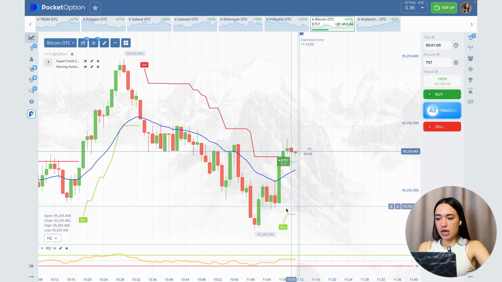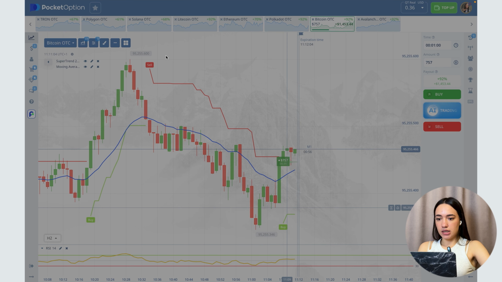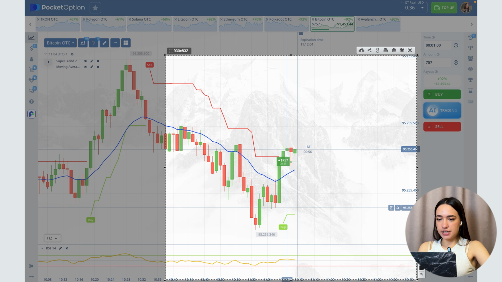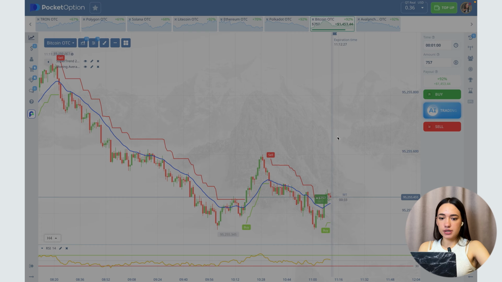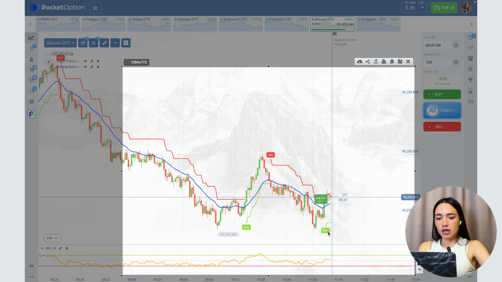And the RSI oscillator is between 50 and 70, confirming bullish impulse. And also we have an upward cross of the moving average, and additionally there is a nice bounce from the support area.